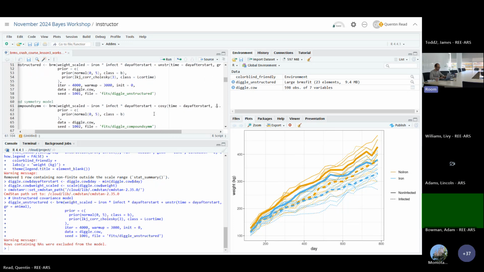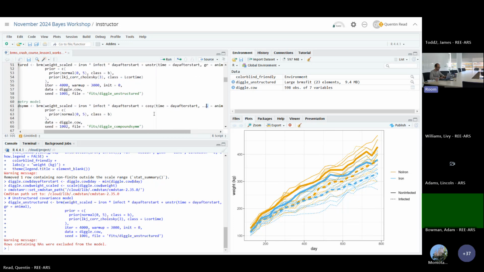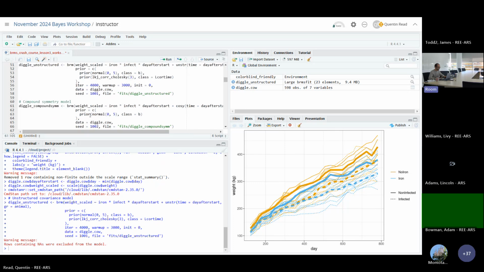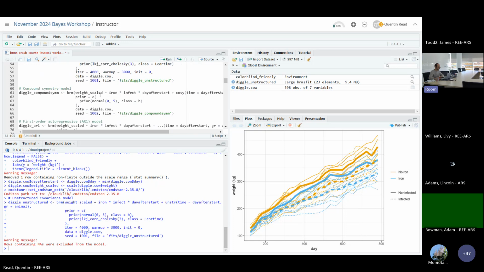We have the same time as days after start, and group equals animal. It's got the same prior. I didn't put a prior on the covariance matrix here because it didn't really need one. Again, because it's only got one parameter it's trying to estimate, not 253, it didn't have as much trouble. A much simpler model.